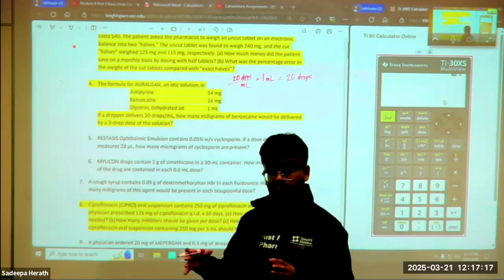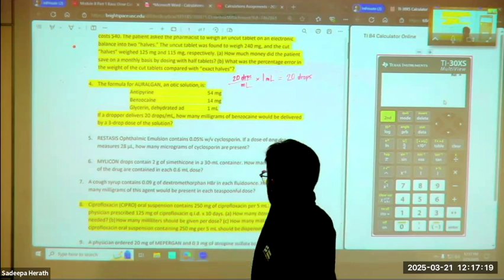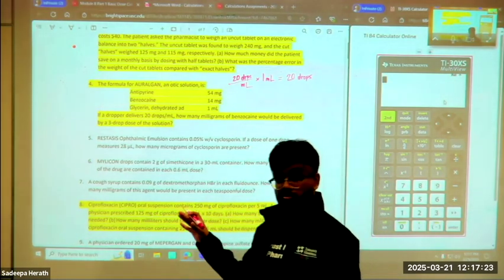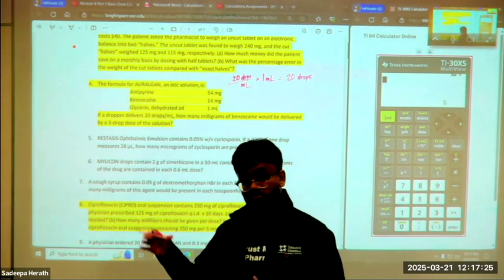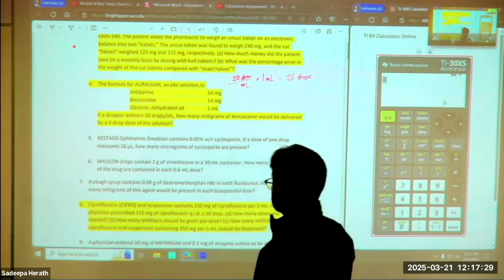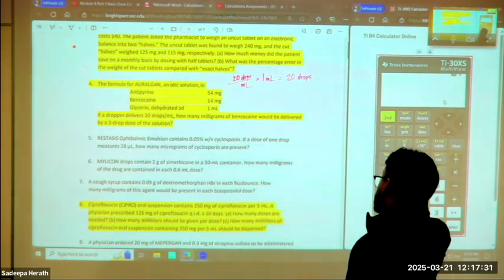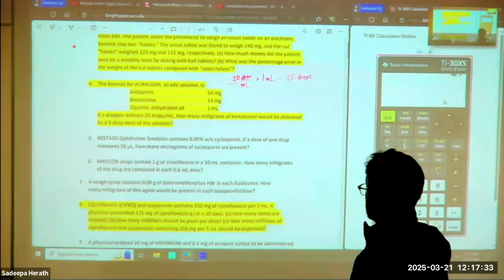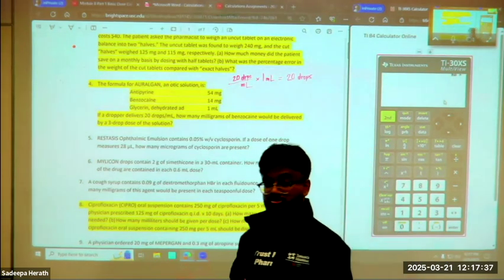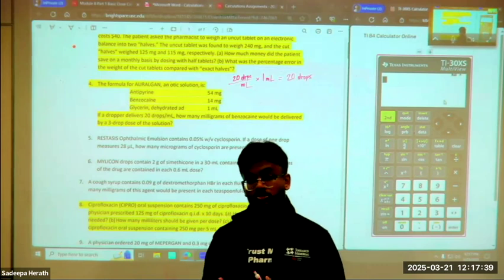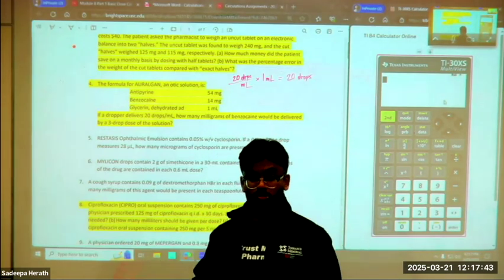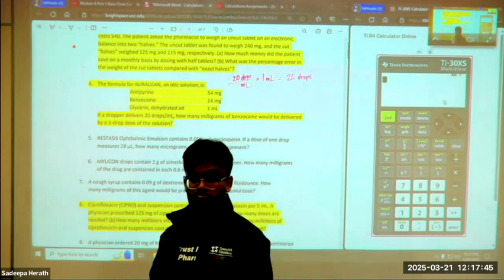So in this case, we need to find the unit amount of benzocaine per drop, and then multiply by 3 to get your answer. So we know there's 20 drops total, and we want to find out how many milligrams per drop. Remember what I talked about, how when you're reading your question, it basically gives you your units. How much drug per drop, milligrams per drop.